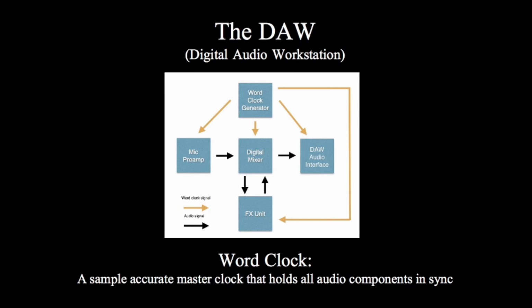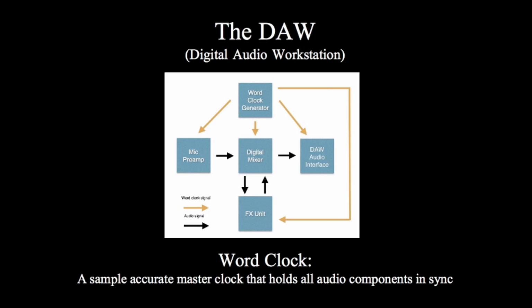So what's happening is the computer that the digital audio workstation is using, or really the sound card, is going to be sending out a click every sample. So say you're at 44.1. It's going to be sending out a tick that happens 44,100 times per second.